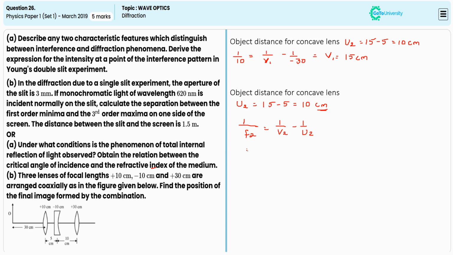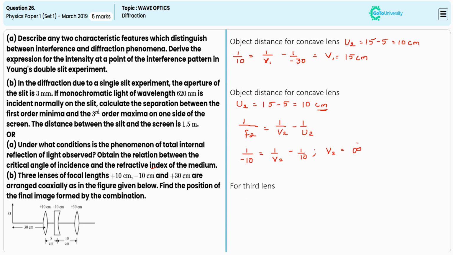Getting the result, 1 upon minus 10 is equal to 1 upon v2 minus 1 upon 10, which gives the result v2 is equal to infinity.